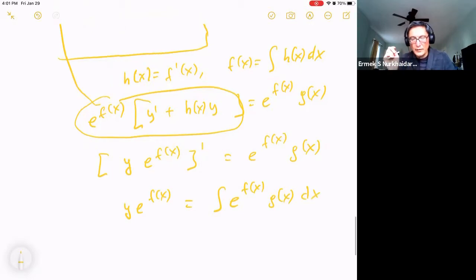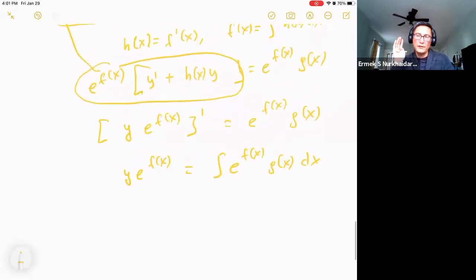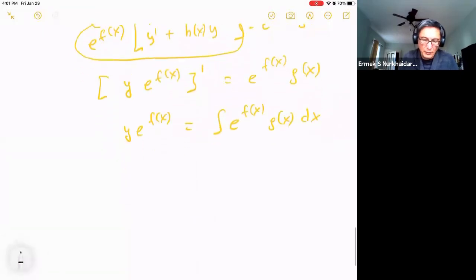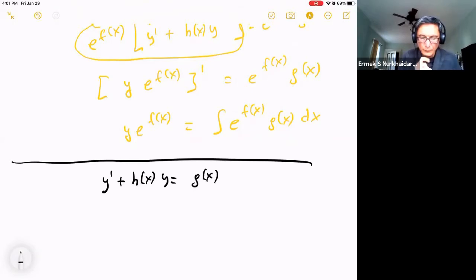Okay, so let me write this down one more time, a little bit shorter, because right now I provided everything with some intuition on what is going on here. But now let's see the steps with more direction on how you're expected to work it out. We start with something given to us in the standard form: y prime plus h of x y equals g of x.